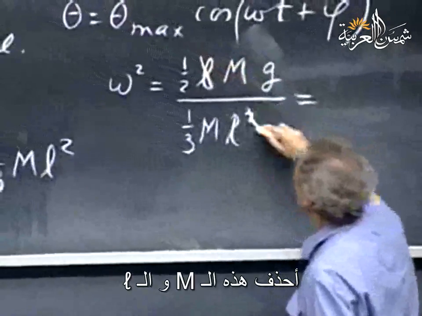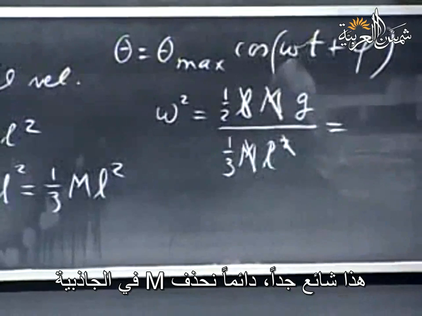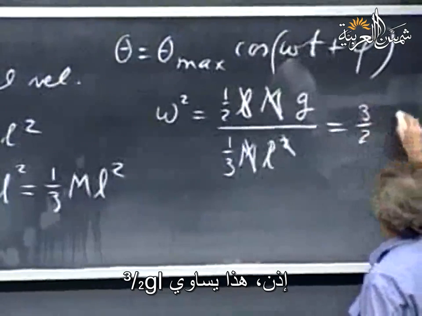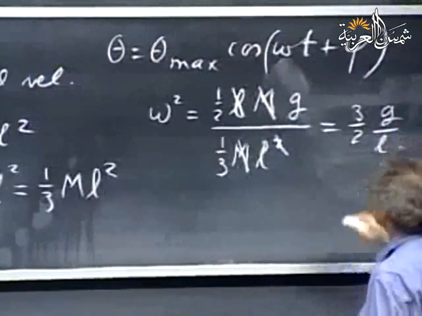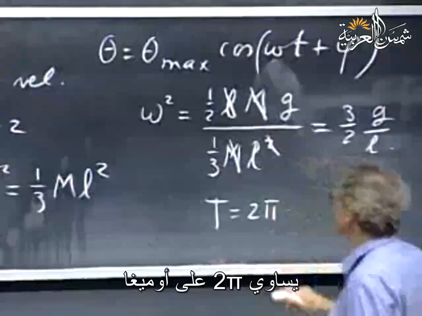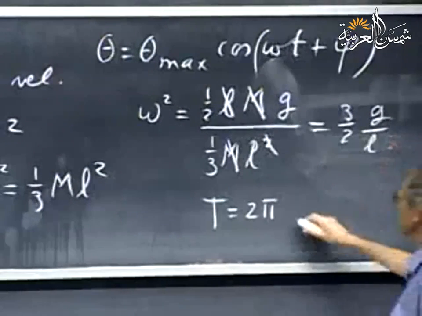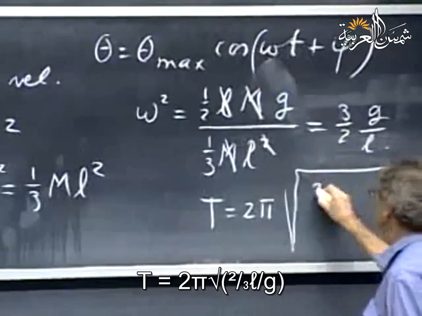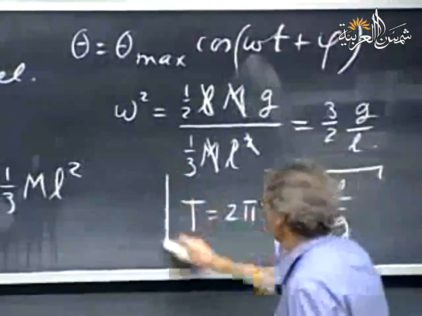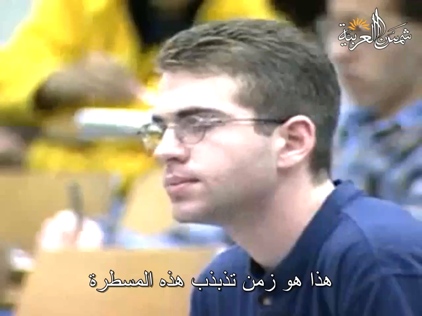I lose 1 L, I lose 1 m, very common, always lose your m's in gravity, and so this is 3/2 g divided by L. And so the period of one oscillation is 2π divided by omega. Omega is the square root of this, so that becomes 2π times the square root of 2/3 L over g. And that is the period of the oscillation of this ruler.